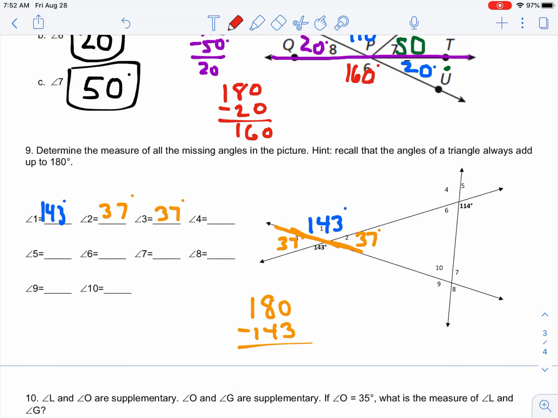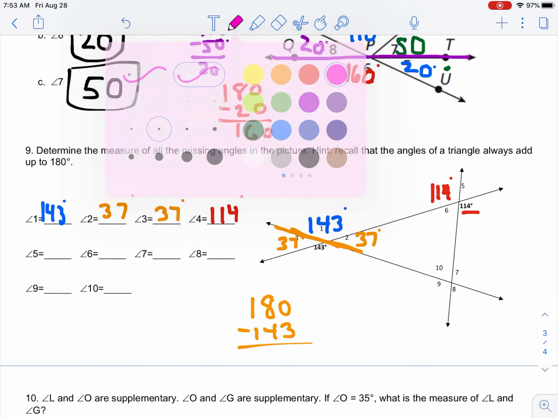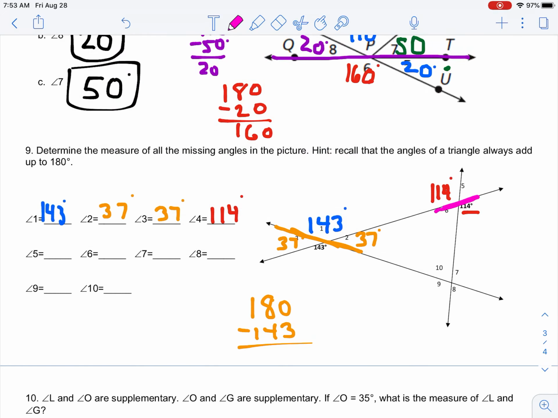Okay, I'm going to go work for 4, 5, and 6. I notice 114 over here, so that means angle 4 is 114 because they're vertical angles. Now, I notice a straight line here. So these two angles have to add up to 180. So if I take 180 minus 114, I can find either angle 5 or angle 6.